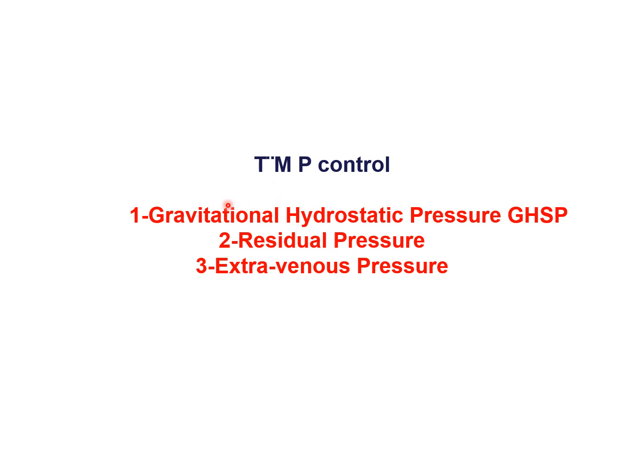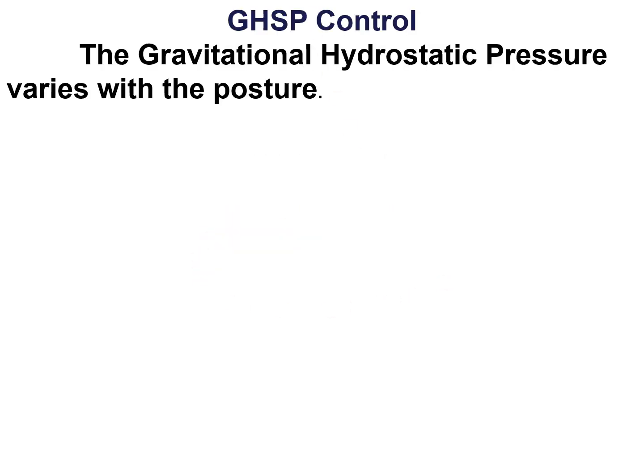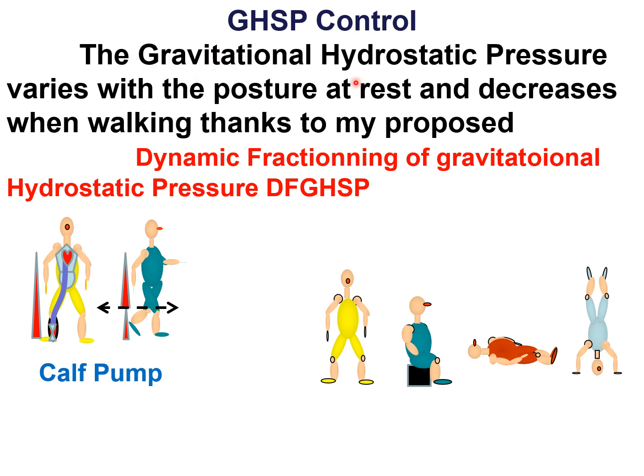The transmural pressure depends on gravitational hydrostatic pressure, GHSP, on residual pressure and extravenous pressure. The gravitational hydrostatic pressure varies with the posture at rest and decreases when walking, thanks to my proposed dynamic fractioning of gravitational hydrostatic pressure.